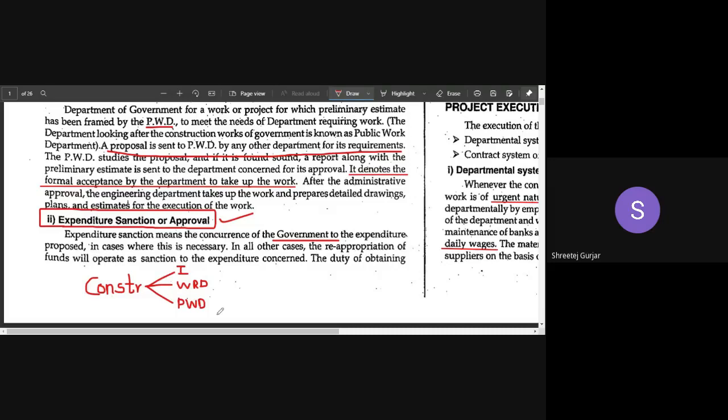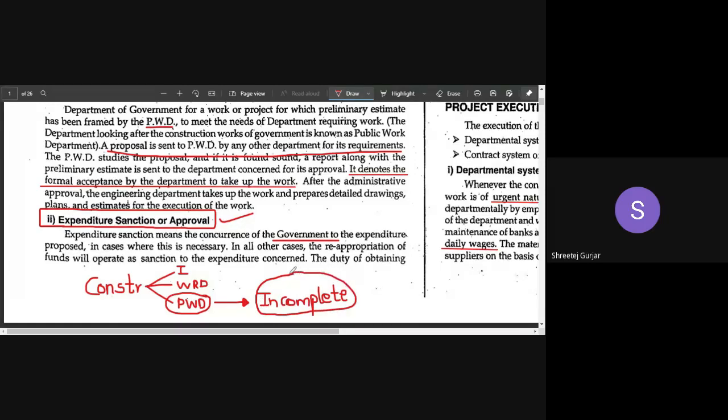Then after that, suppose now we are dealing with this PWD. Some certain amount of funds have been allotted to the PWD department. Now what they will do, before taking up any work or proposal, is check for any incomplete work or any pending work which has extended its timeline. First they will give priority to this incomplete work.